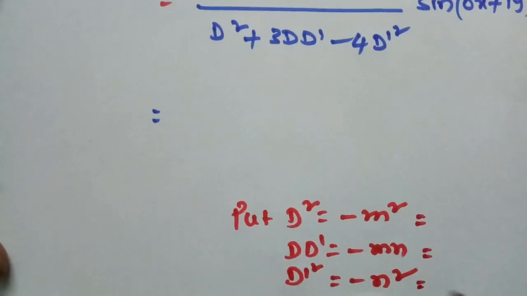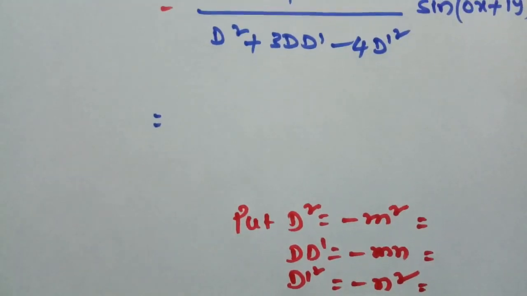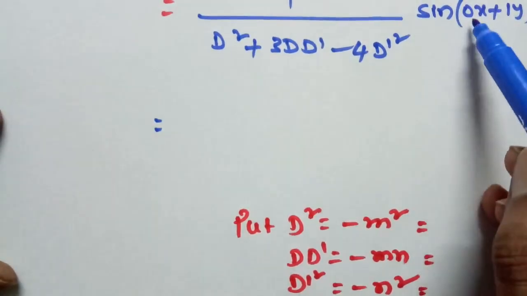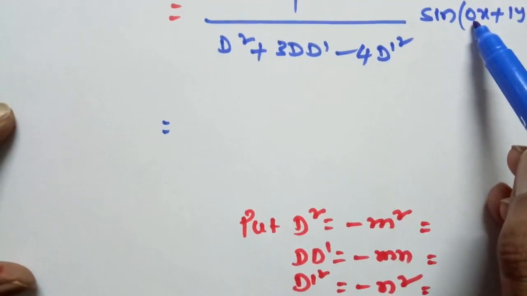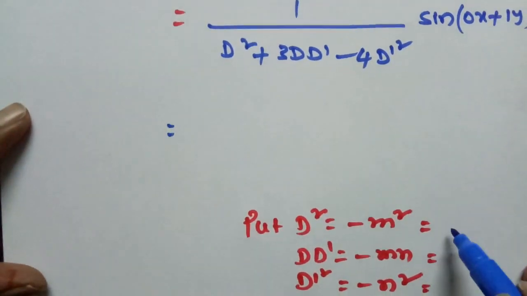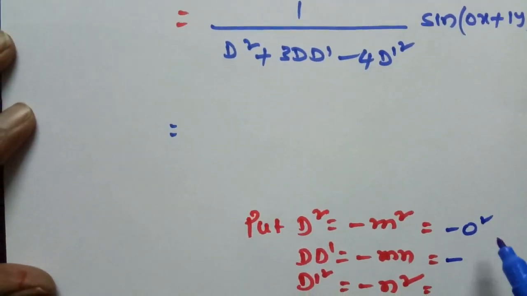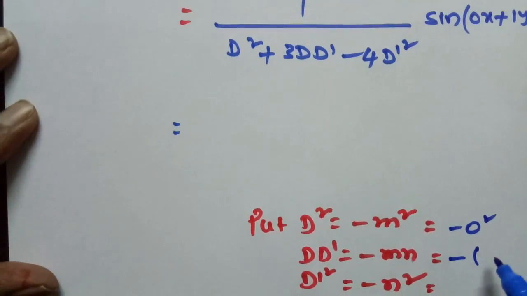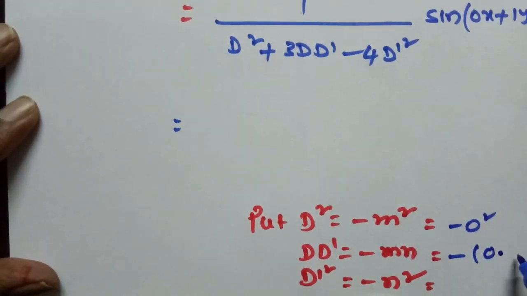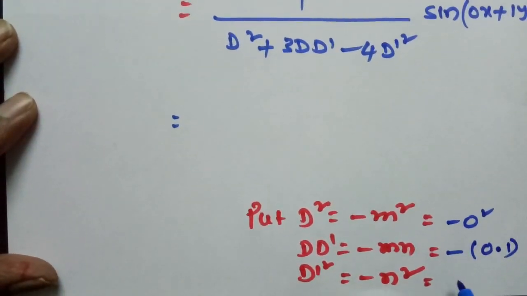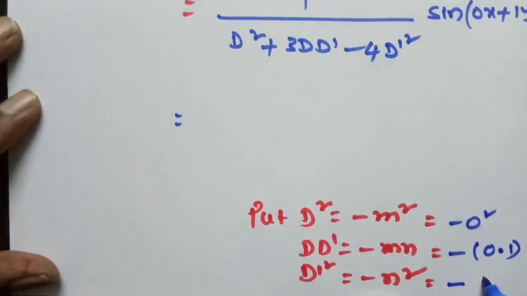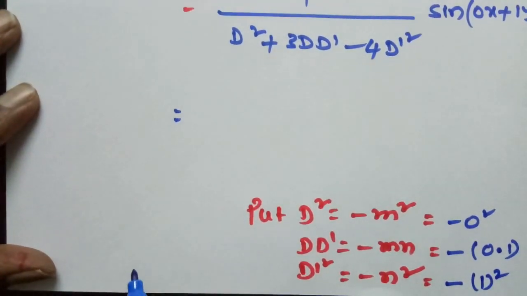Now D square is equal to minus m square, here m is equal to 0. Next, minus m into n, m value 0 into n value 1. Minus n square, that is 1 square.